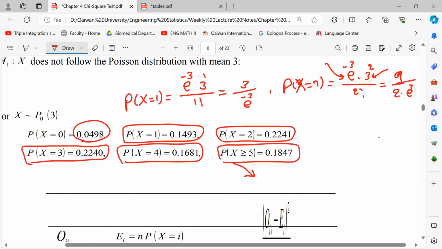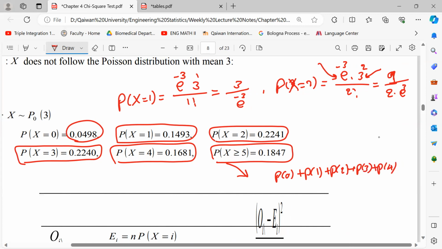We say probability of 0 plus probability of 1 plus probability of 2 plus probability of 3 plus probability of 4 plus probability of greater than or equal to 5, all of them must be 1. How to get the probability of greater than or equal to 5?